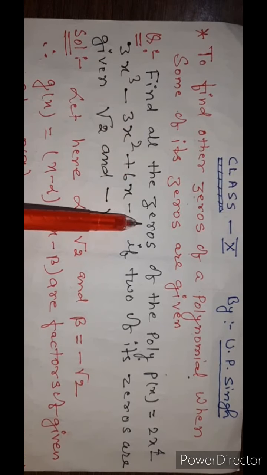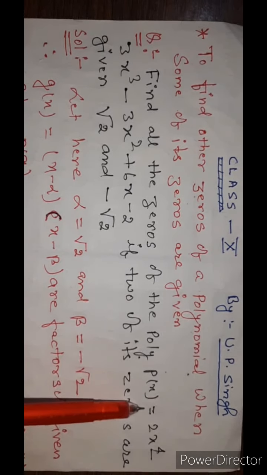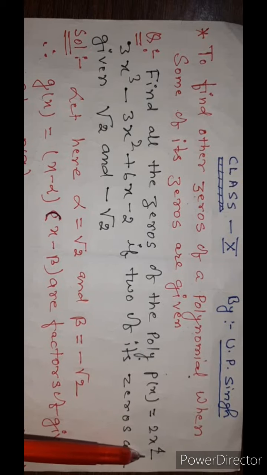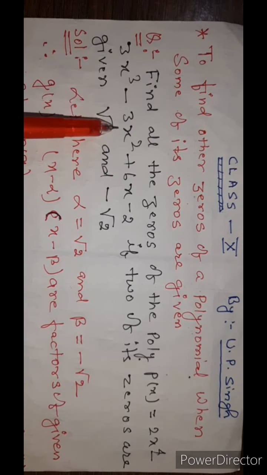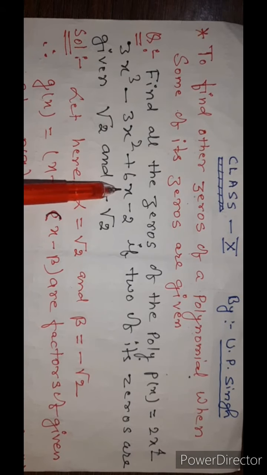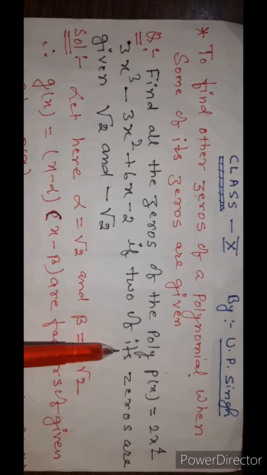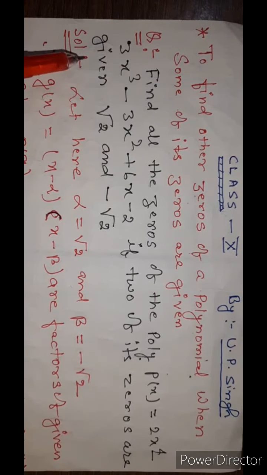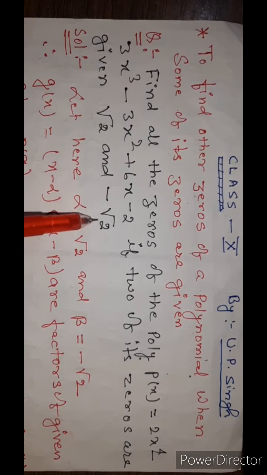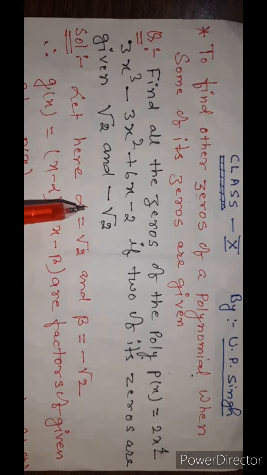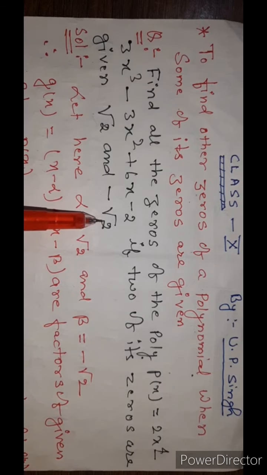Find all the zeros of the polynomial p of x is equal to 2x power 4 minus 3x cube minus 3x square plus 6x minus 2 if two of its zeros are given, root 2 and minus root 2. Here already two zeros are given.